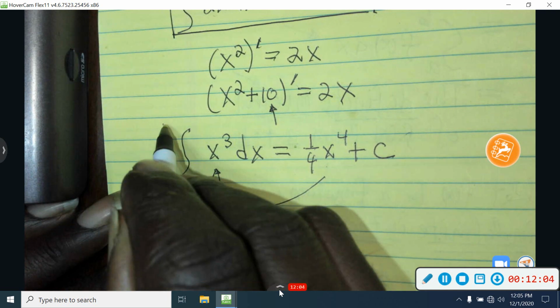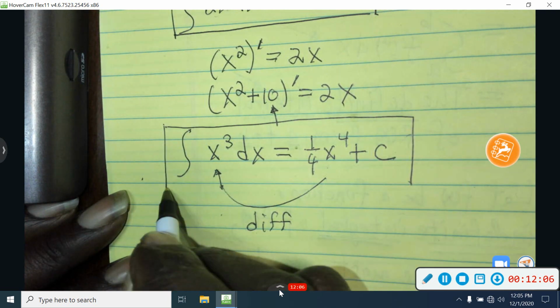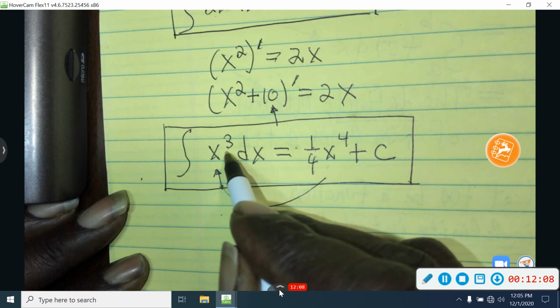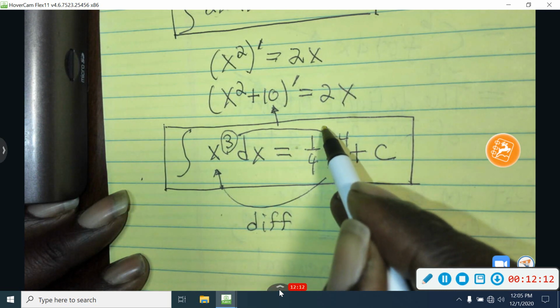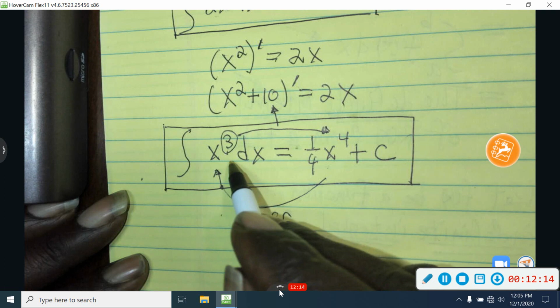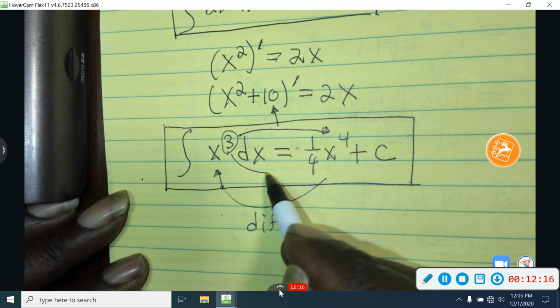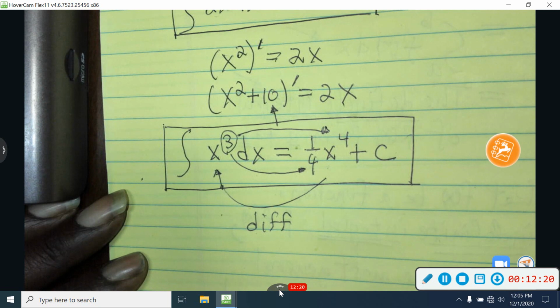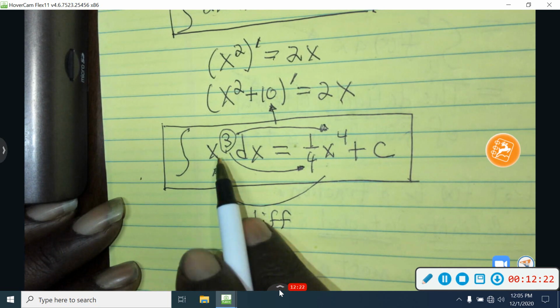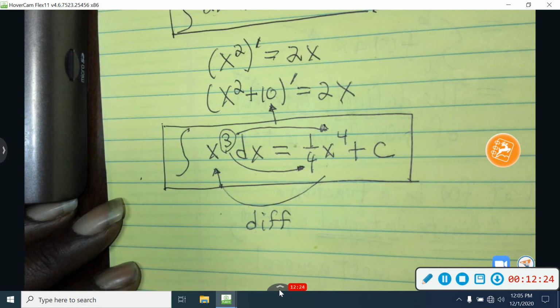Okay, so let's make that into a nice rule. What it looks like I've done is add 1 to the power, but then not just do that, then also put that number and divide by it. So let's make it a rule. It's not a power rule, because we're not taking a derivative, we're going backwards.